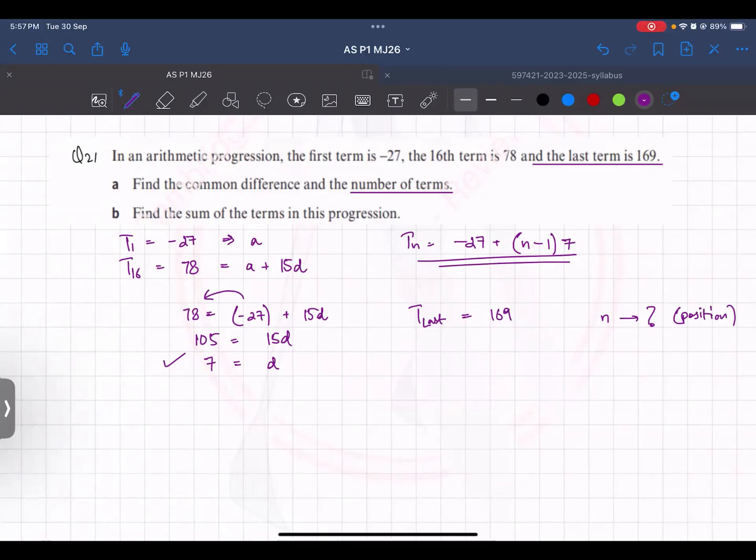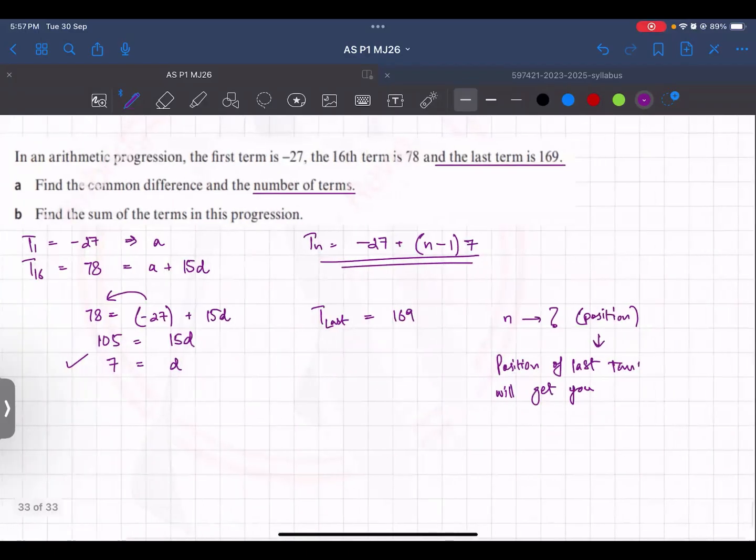But we don't know the position of the last term. And the position of the last term will get you the total number of terms.